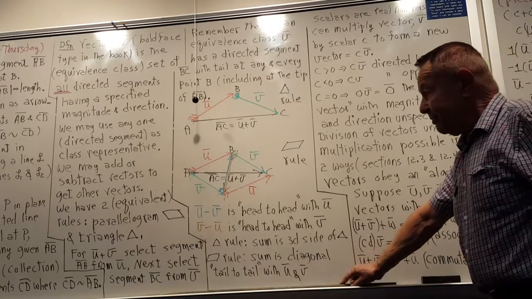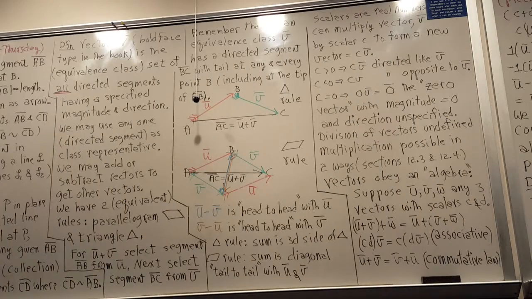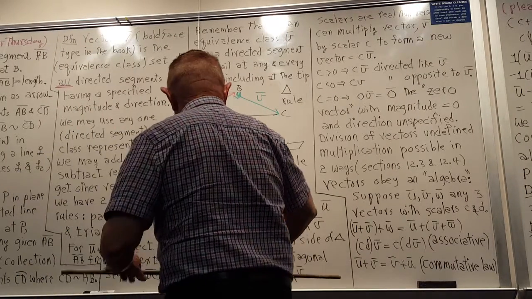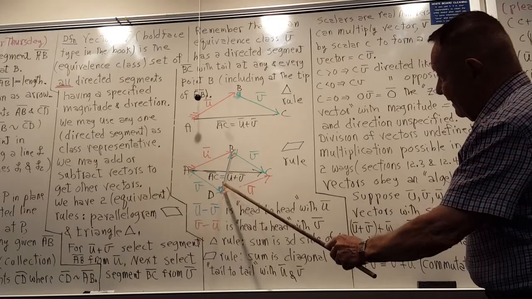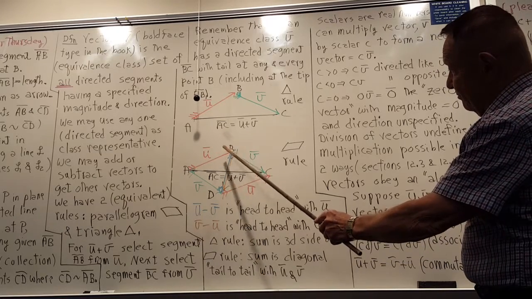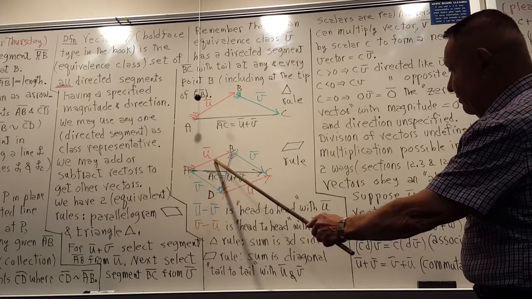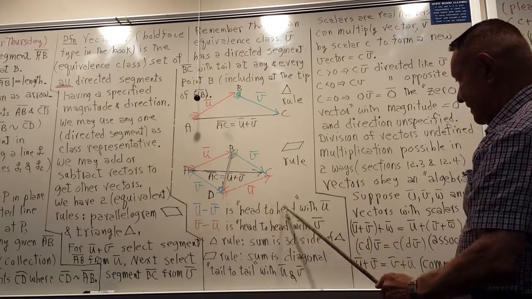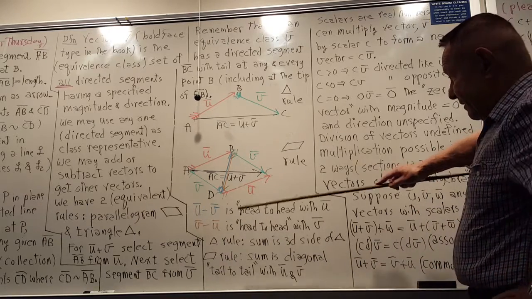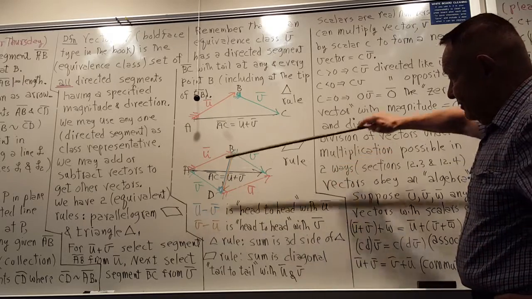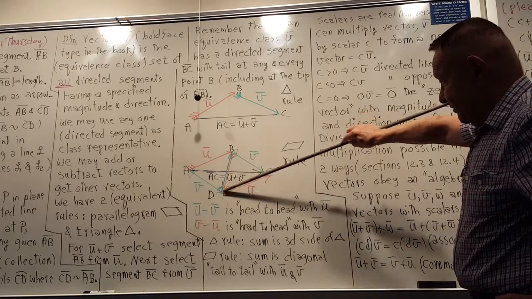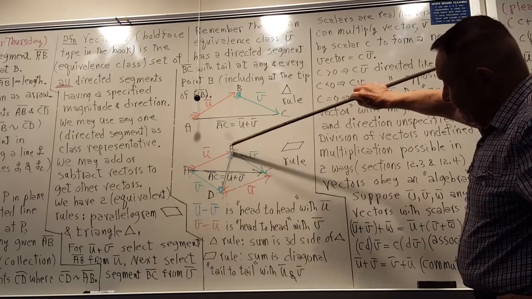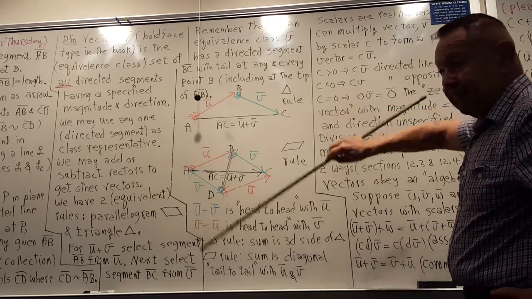I probably should actually write the letter D. So the blue one has its tail at D, and the tip is up here at B. So it's head-to-head with U. So that one then is U minus V. And the other one, V minus U, is the other diagonal that's head-to-head with vector V. And so that's the vector from B to D.